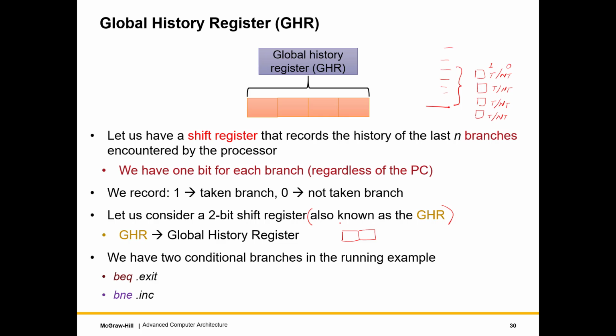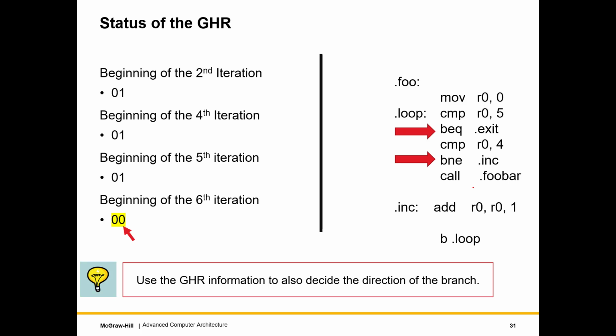So we have 2 conditional branches in our running example, and at every point of time we maintain the status of the last 2 branch instructions regardless of their program counter. Let us call this the GHR. What is the status of the GHR?